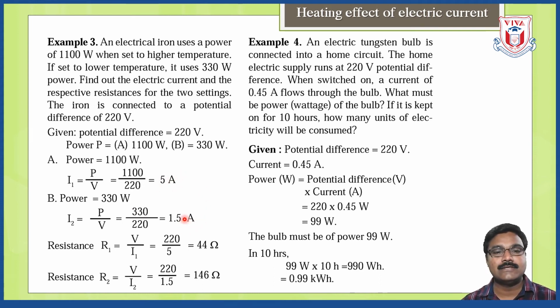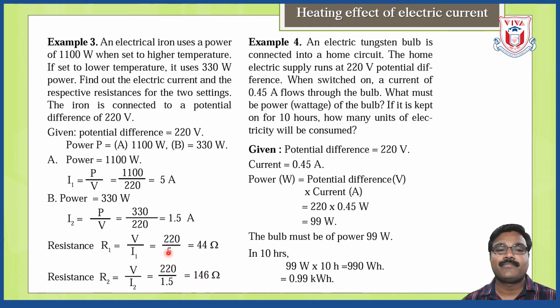Now by using these values, let us find the resistance. R1 is equal to V upon I1 is equal to 220 upon 5, which is 44 ohm, and for the resistance R2 for I2, 1.5, we will get V upon I2 is equal to 220 upon 1.5, which is 146 ohm.